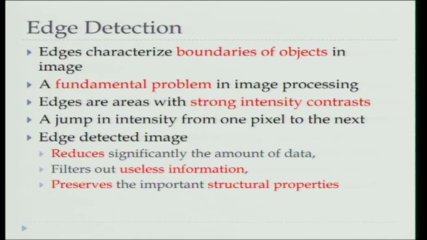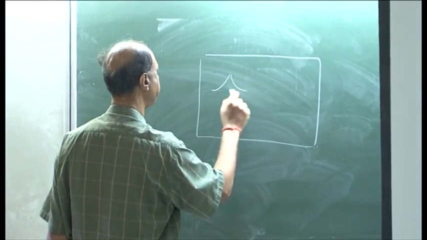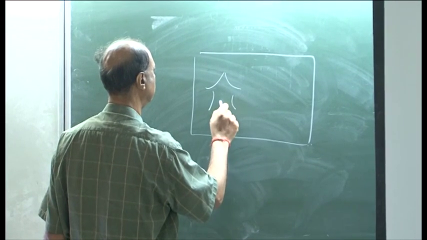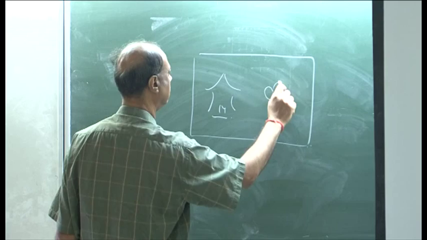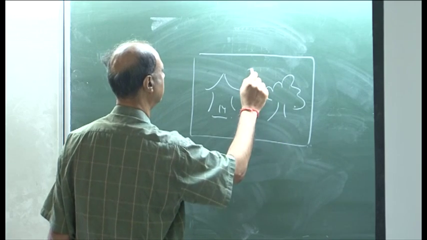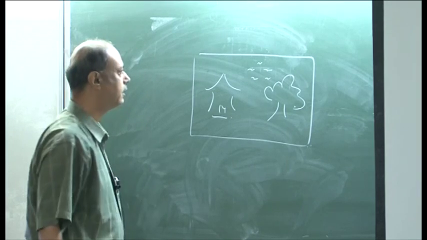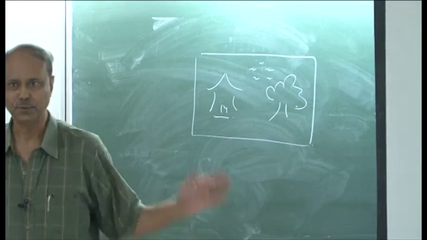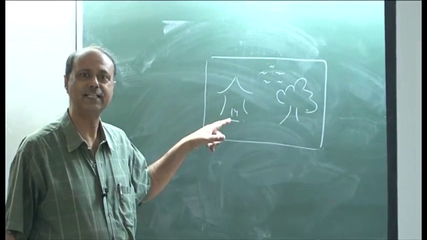Suppose I have a house, something like that. I do not know whether it is a house or not, but assume that this is a house and this is a tree and some birds are there. Now, by seeing this also you can tell it is a house.